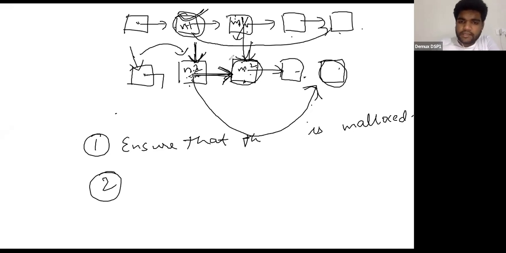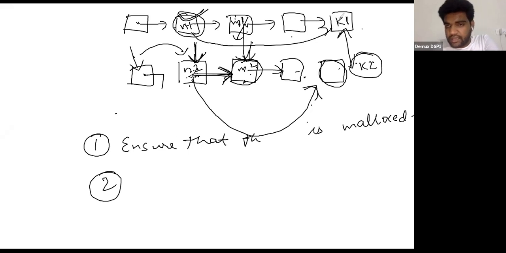So you will basically need to, so the random pointer of N1, let's say this points to K1. So the random pointer of N2 will be the equivalent node of K1, correct? Some node K2. So now you need a way of going from K1 to K2.